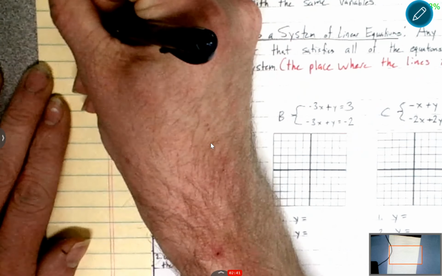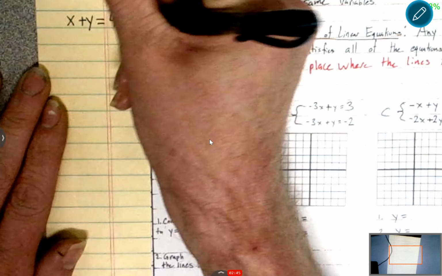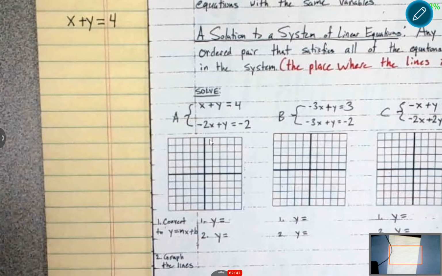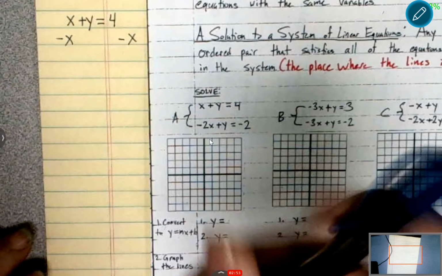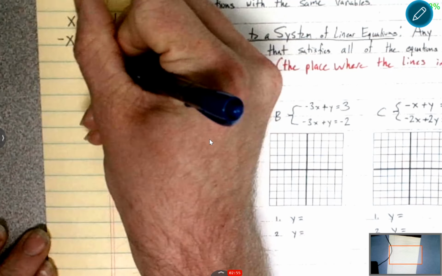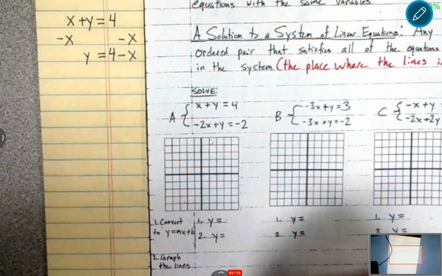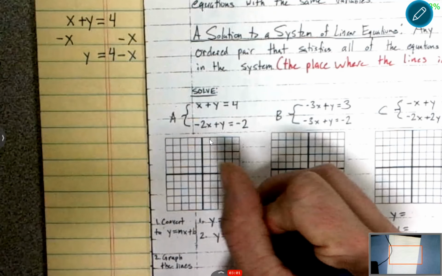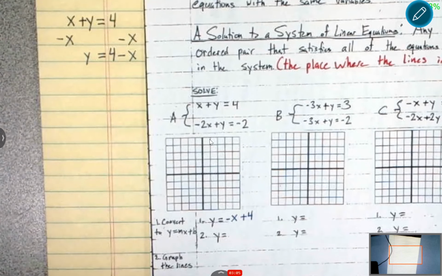Then I heard somebody say the first step is to subtract x on both sides. So I've got y equals 4 minus x, which I'm going to rewrite as negative x plus 4. And this will be the first equation I graph onto my grid.